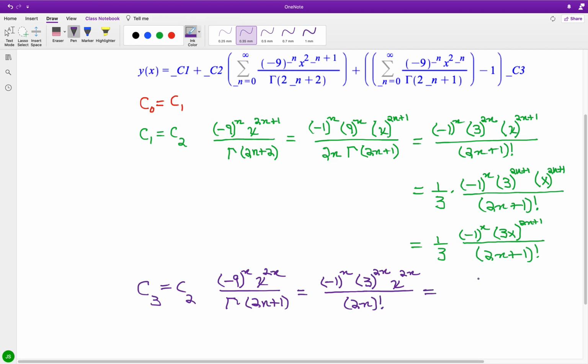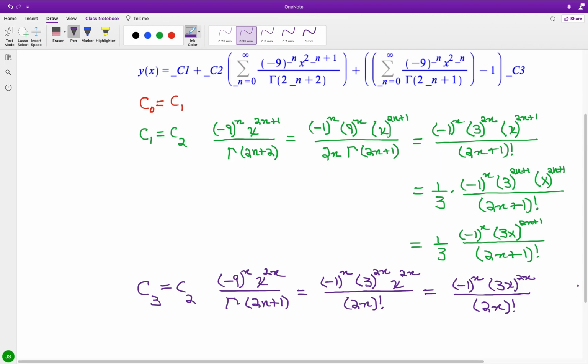Squeezing together what we have here, we have -1 to the n times 3x raised to the 2n all over the factorial of 2n.